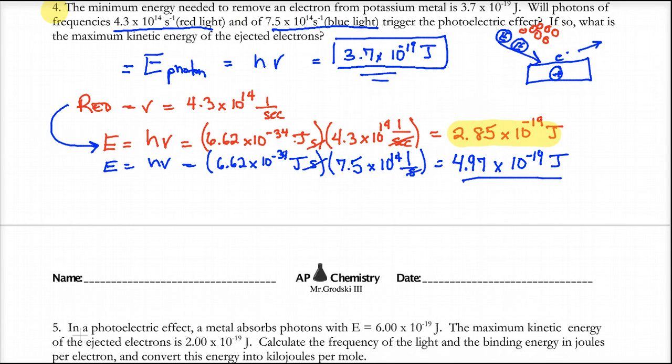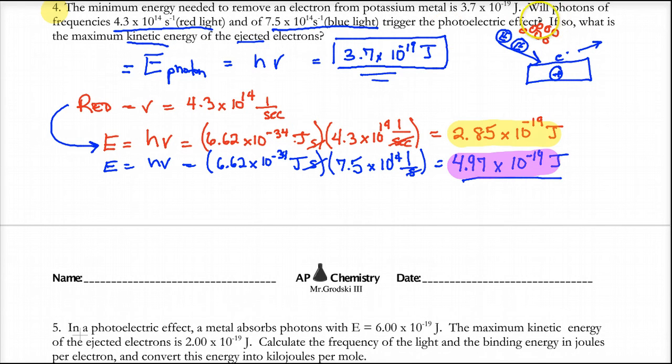But each packet of blue light has enough energy that is bigger than the energy needed. So of course, the extra energy, although I didn't cover this for my honors kids, the difference between these two numbers will be the maximum kinetic energy of the ejected electron.